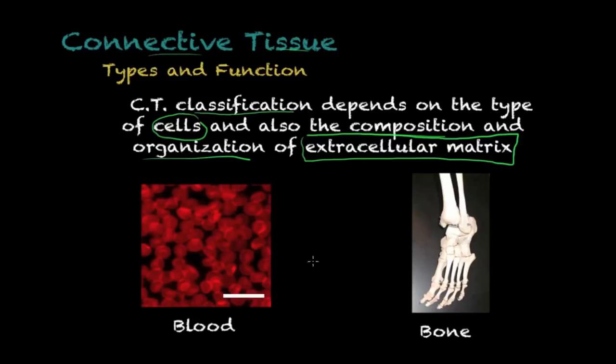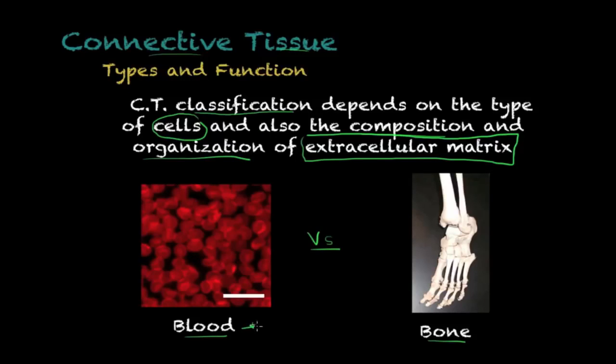I have an example here that illustrates clearly what I'm just talking about. I have here two types of connective tissue that are extremely different from one another. One is blood and the other one is bone. If I compare these two, the main difference here, of course, is the cells, but another big difference between these two connective tissues is the extracellular matrix.